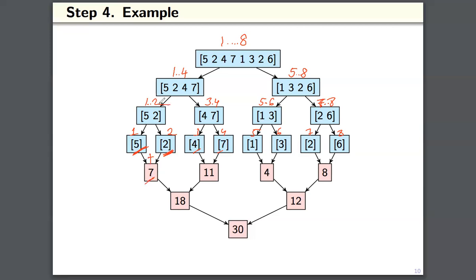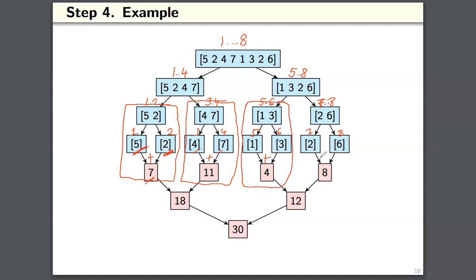So this is the array sum of this subproblem. You have 4, you have 7, add. So you get 11. That is the answer to this subproblem. 1 plus 3 is 4. Solution to this subproblem. 2 plus 6 is 8. Solution to this subproblem.